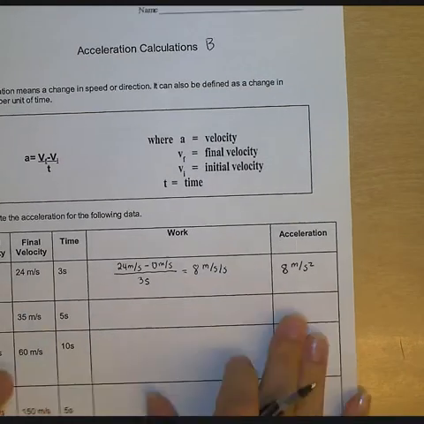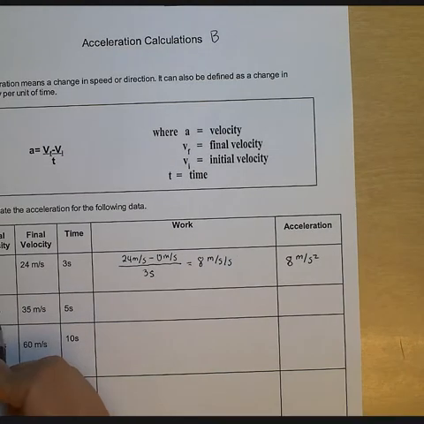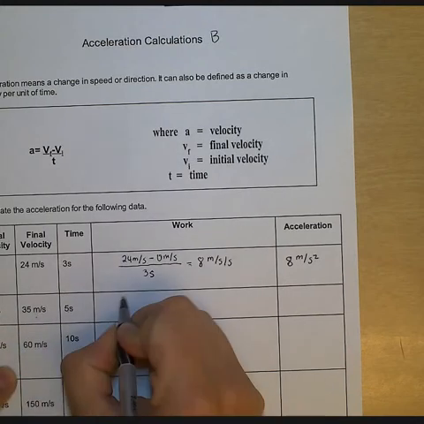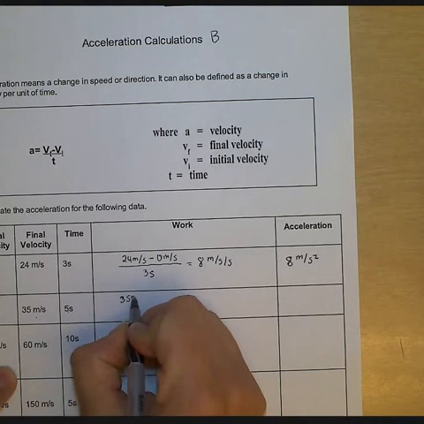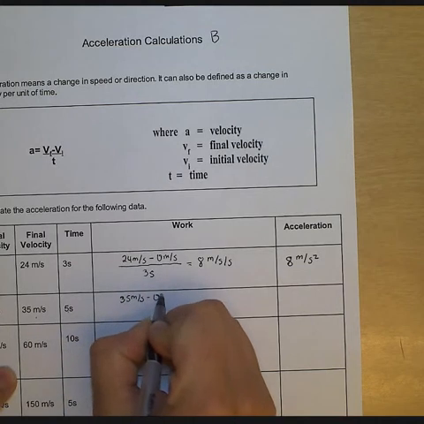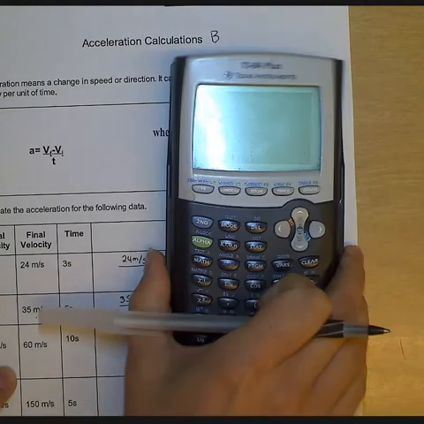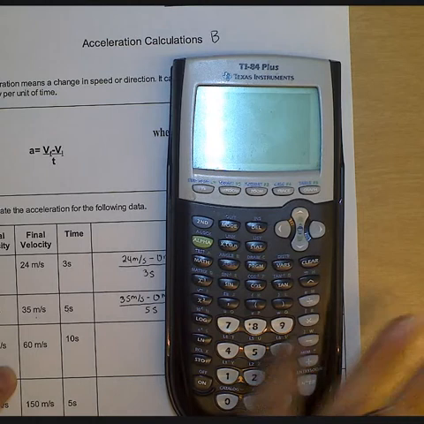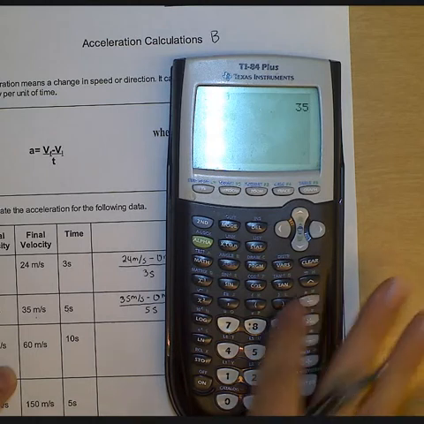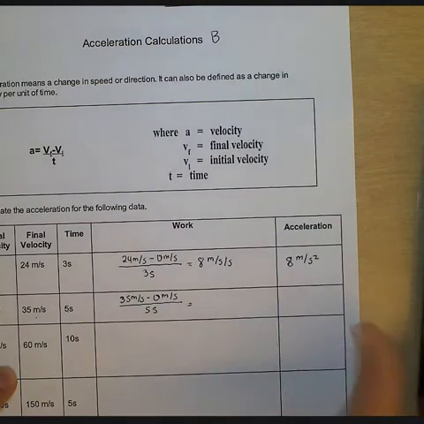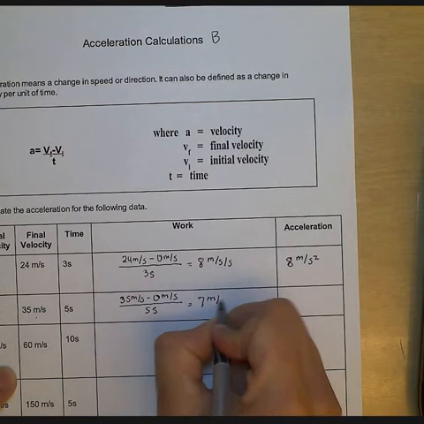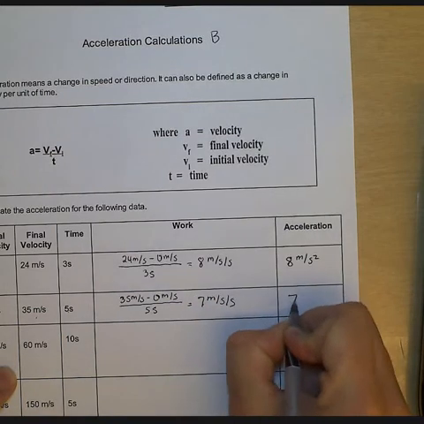Okay, number 2. I have 0 meters per second for initial, 35 meters per second for a final, and a 5-second time. So I'll plug that in. Gives me 7 meters per second, or 7 meters per second squared.